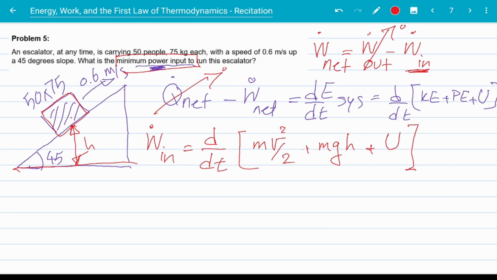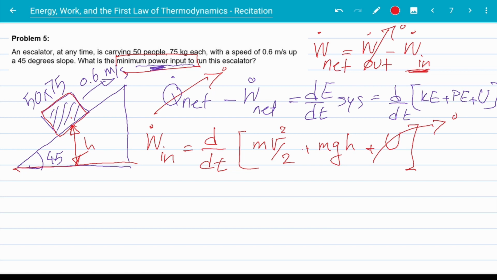Now in this particular problem, the internal energy of the system is not changing because we are not seeing any temperature changes, we don't see any phase change, any chemical reaction, any nuclear reaction. So it is safe to say that there is no change of internal energy.